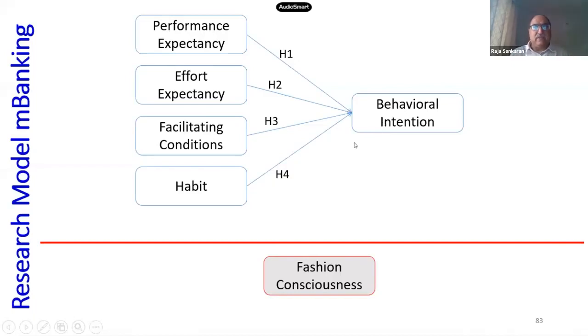If you're familiar with some of the models and theories, this model is adapted from UTAUT of Venkatesh. I'm studying the consumer behavioral perspective with respect to the usage of mobile banking adoption in India. For this, the factors are performance expectancy, effort expectancy, facilitating condition, and habits.